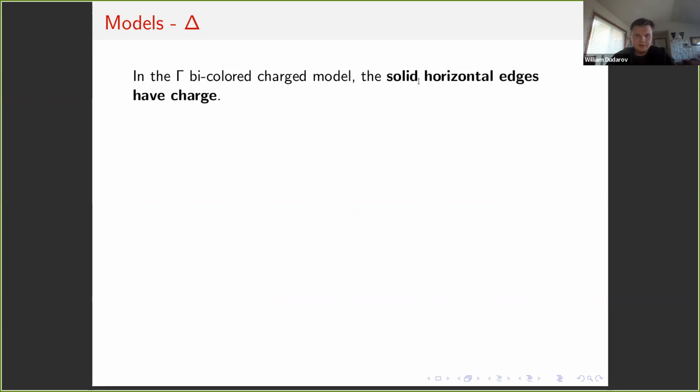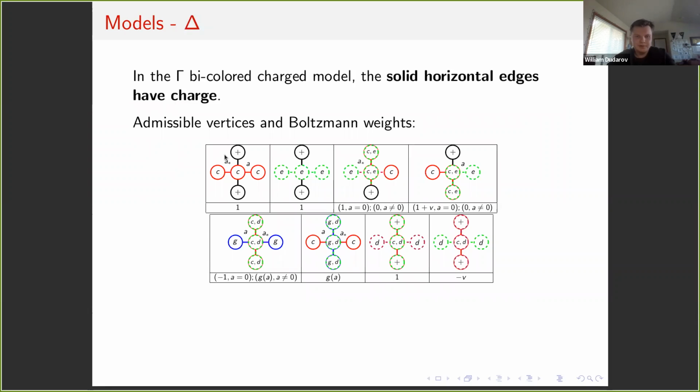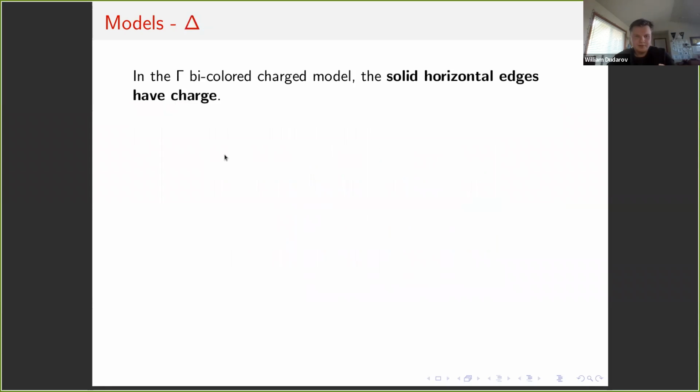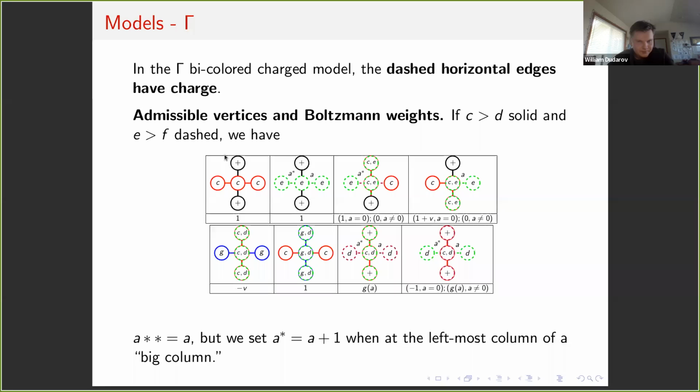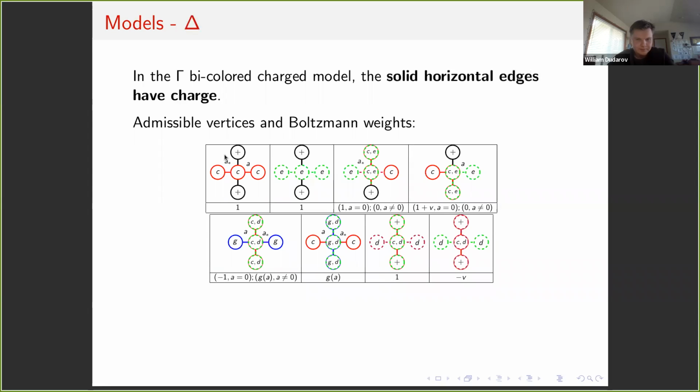Sorry, that's a typo. In the delta bicolored charged model, the solid horizontal edges have charge. So here the admissible vertices look pretty similar. The A's are all swapped around. The Boltzmann weights are swapped around in the bottom row here.